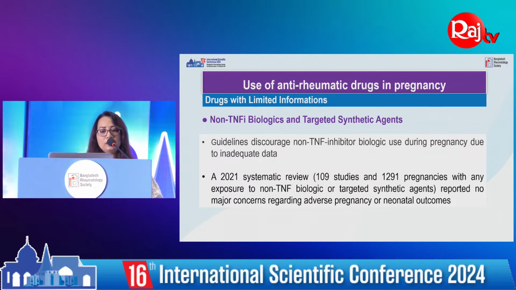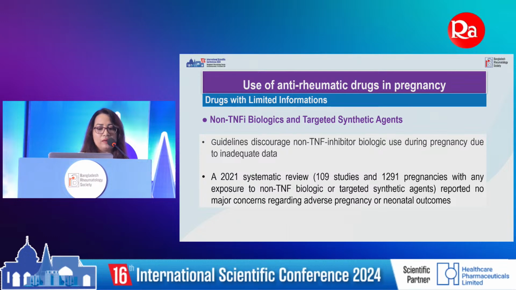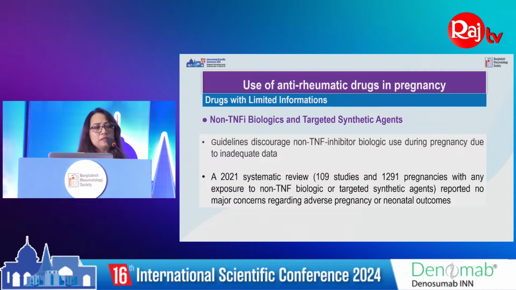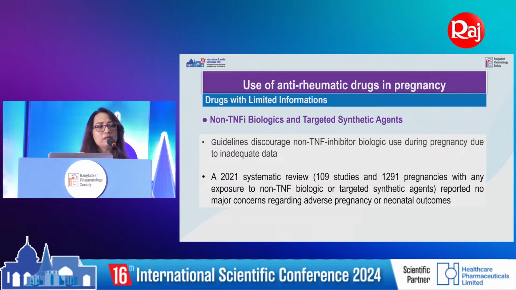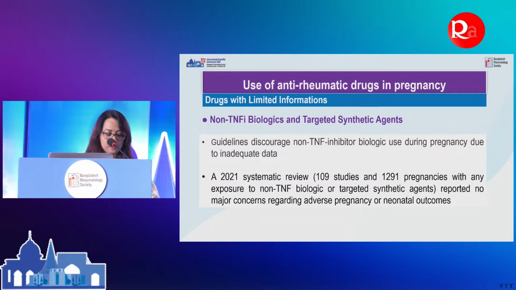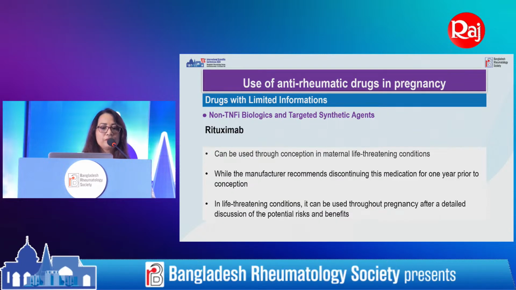And there is a systematic review in 2021 where they included 109 studies with 1291 pregnancies reported exposure to non-TNF biologics and targeted synthetic DMARD. There were 66% successful pregnancies, and there was not that major concern regarding congenital anomalies, but we need more data.